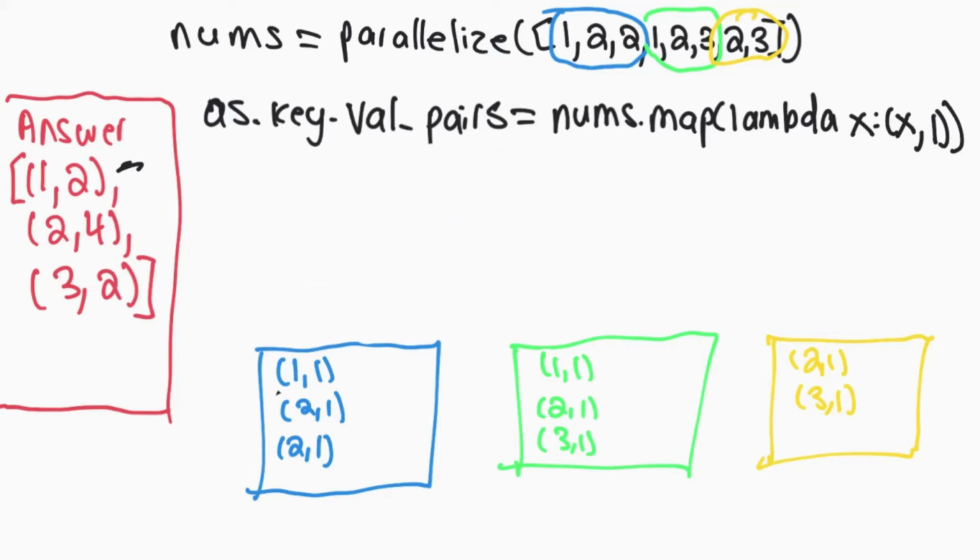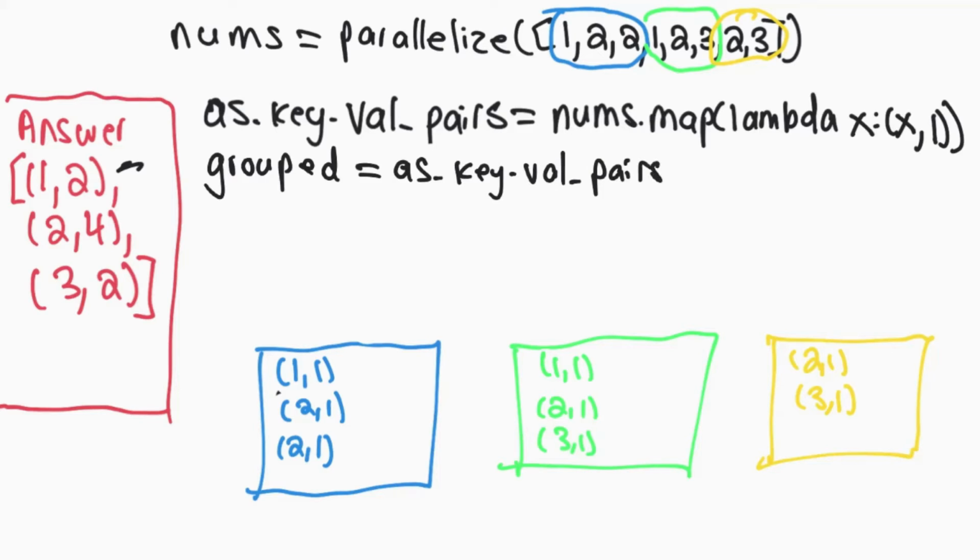The wrong way is to do grouped, so set some variable equal to grouped, and that is equal to whatever we had before, so as key val pairs, so this RDD, and then we want to do a GroupByKey, and we don't need to give this thing any arguments.